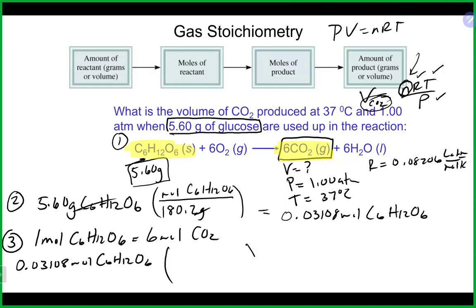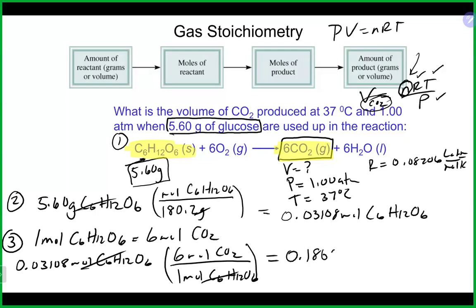Again, opposites cancel, so 6 moles of CO2 up on top, the 1 mole of C6H12O6 on the bottom. That is the stoichiometry part, like we've done a number of times. We multiply that by 6, and that gets us 0.1865 moles of CO2.